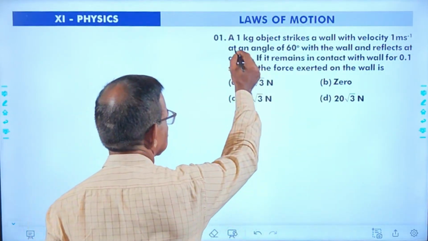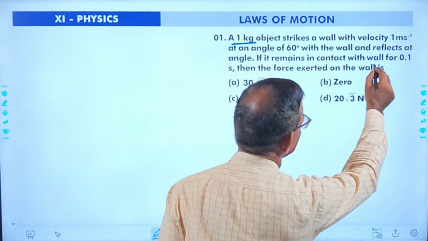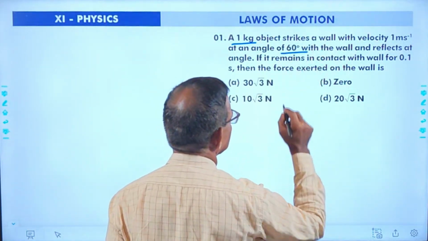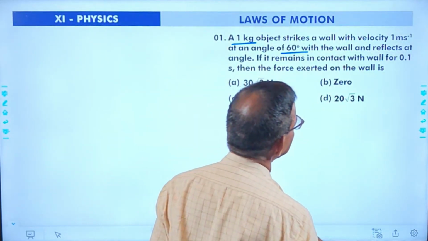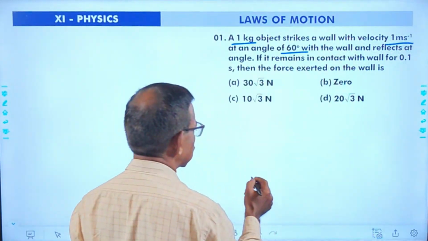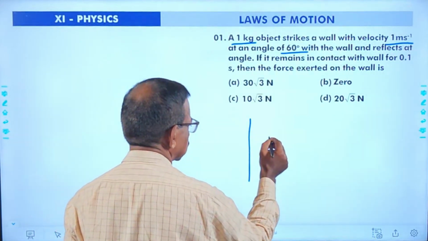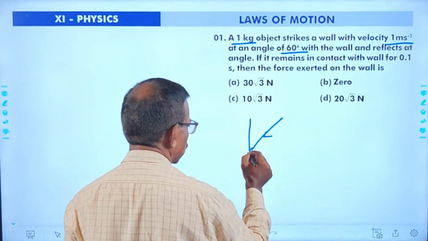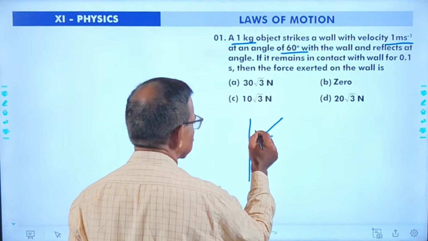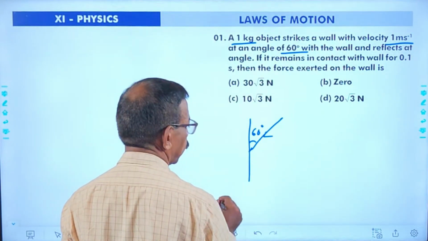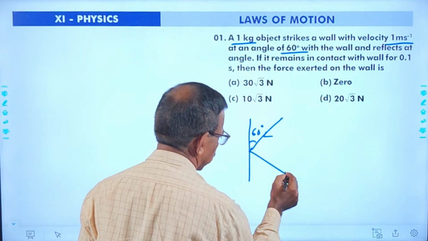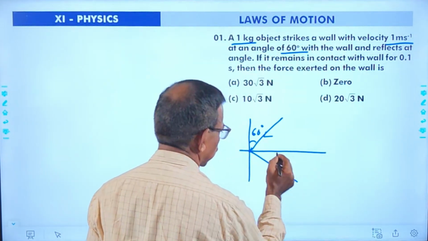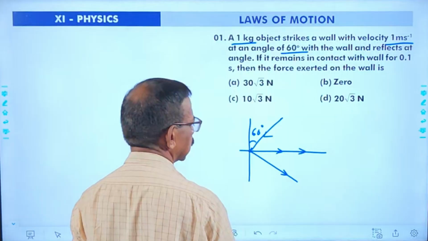Here it is, mass is 1 kilogram and the wall with a velocity at an angle 60 degree. The velocity is 1 meter per second. A ball hits the wall at an angle of 60 degree with the wall and reflects like this. Here, the force along this direction is to be calculated.